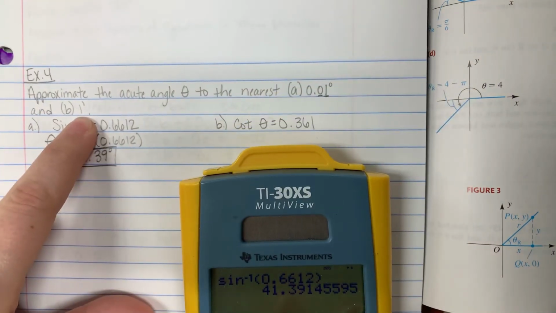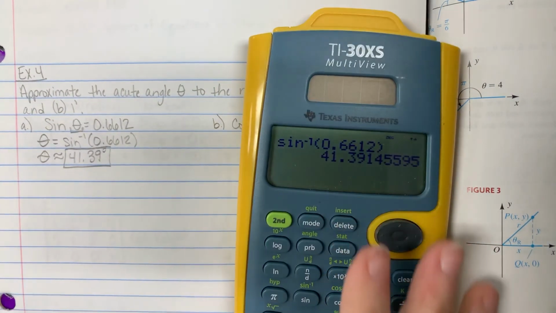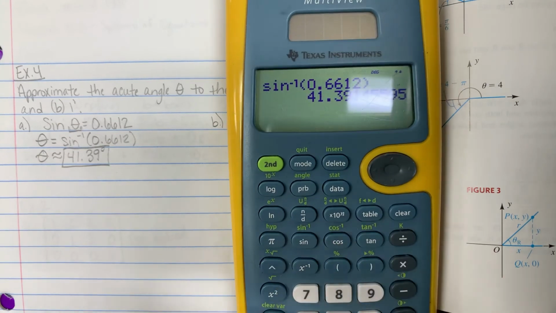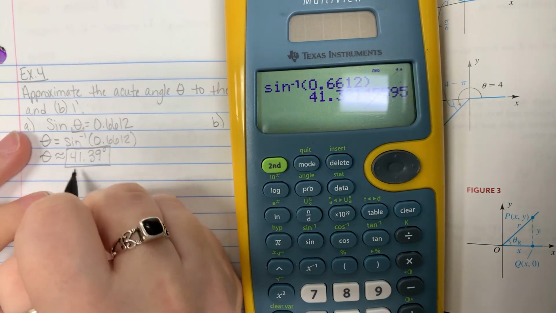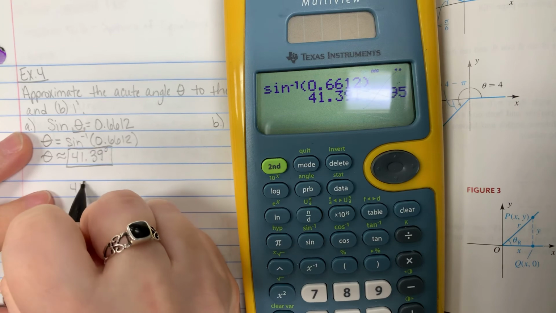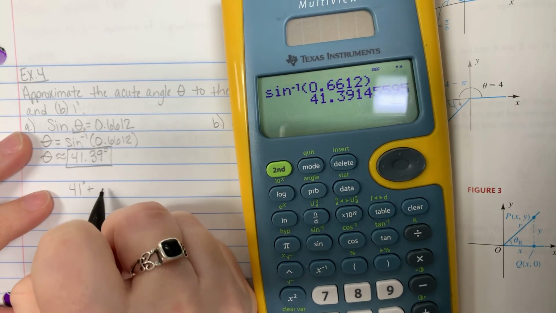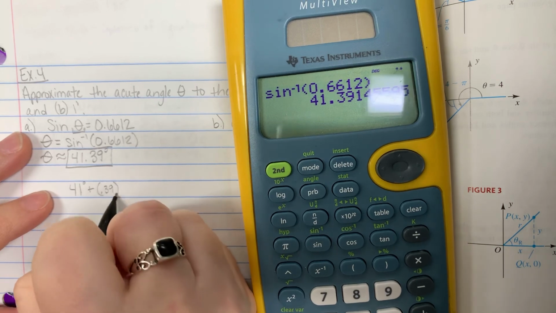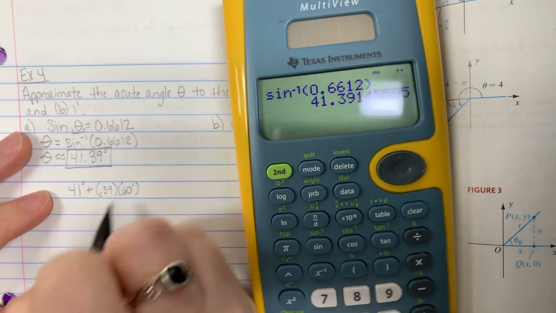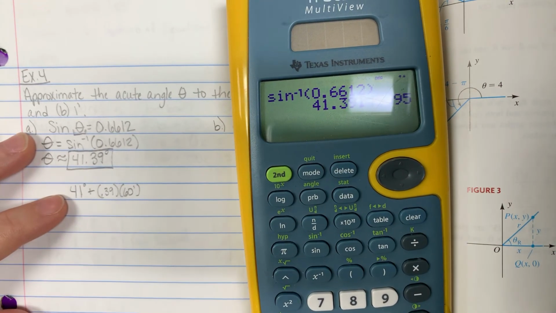But they also want a second answer. Part B, they want it in minutes. They want me to put minutes in there, not seconds, but minutes. So if you remember back, this is the same thing as saying 41 degrees plus 0.39 times 60 minutes will give me that minute part. So we've done this before, but it's been a while.